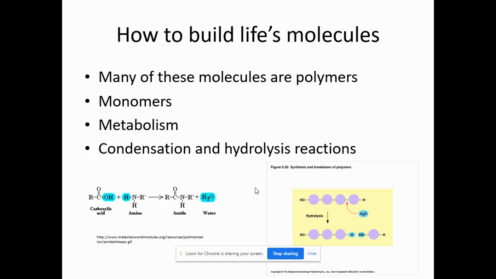Hydro means water, lysis means break apart. So here you have a polymer, and you also have a breaking down of a water molecule, and so this is a hydrolysis reaction, a breaking down of a polymer, as well as water.